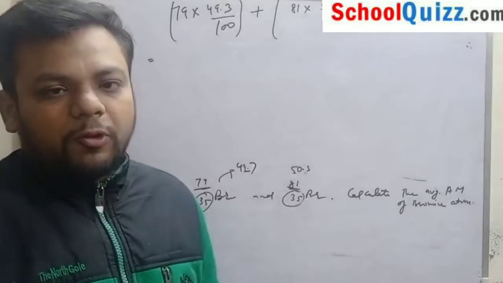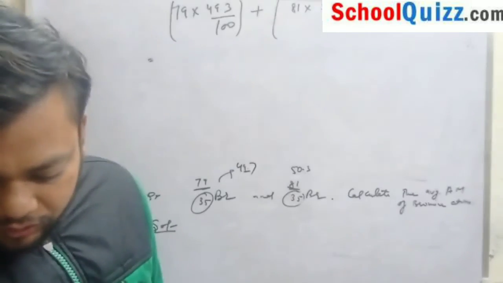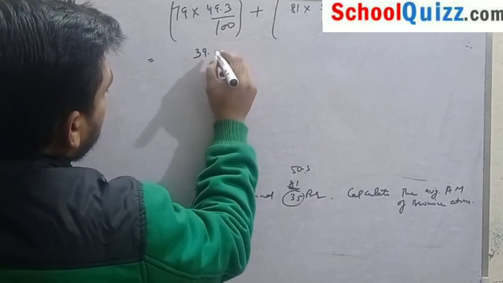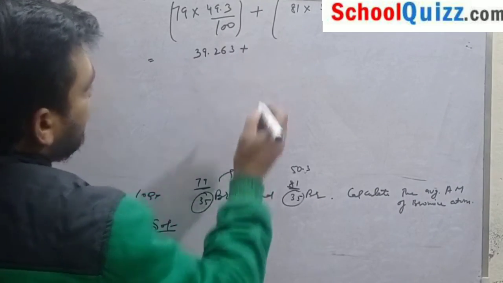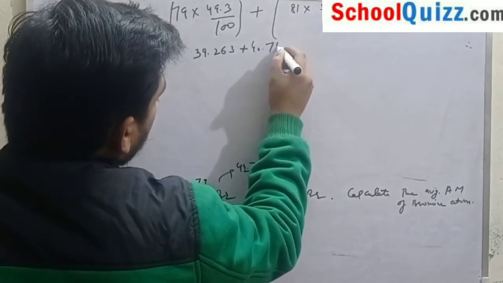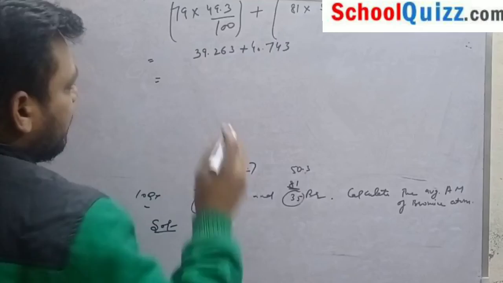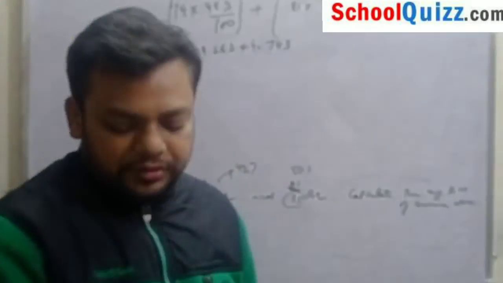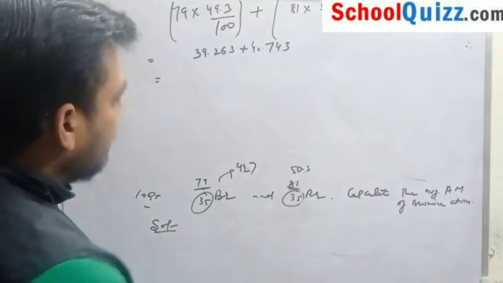So simply you have to solve the equation. It will come 39.263 plus 40.743.